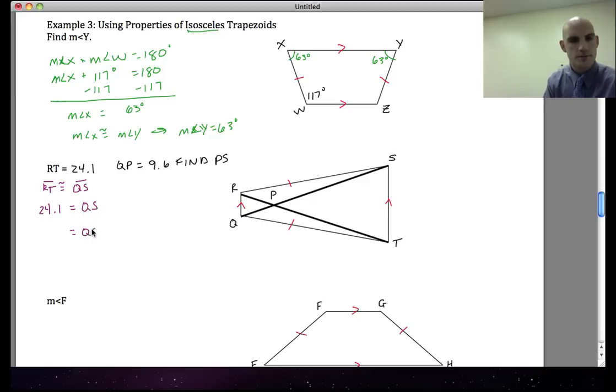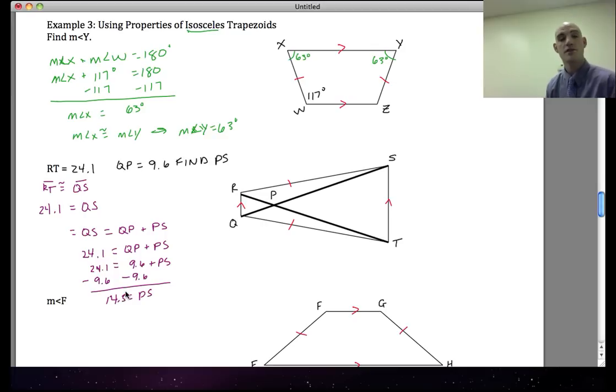Well, QS is really equal to QP plus PS, because QS is a segment, so we use the segment addition postulate. So 24.1 is equal to QP plus PS. Well, 24.1 is 9.6 plus PS. When we subtract 9.6 from both sides, we end up with PS equals 14.5. Okay, so that's how this works.